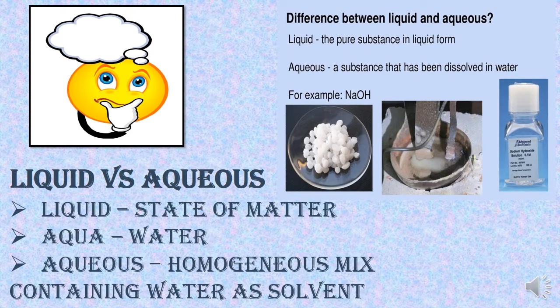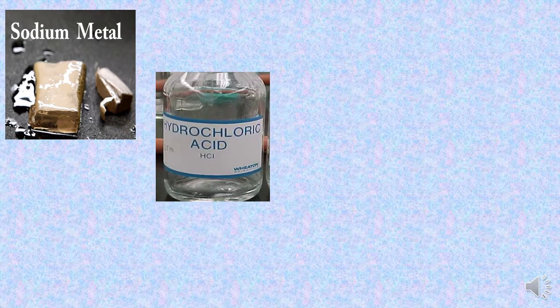For example, sodium hydroxide is normally present in its solid state. When it is heated, it is converted into its liquid state. But when it is dissolved in water, it produces aqueous sodium hydroxide solution. Let's take an example.